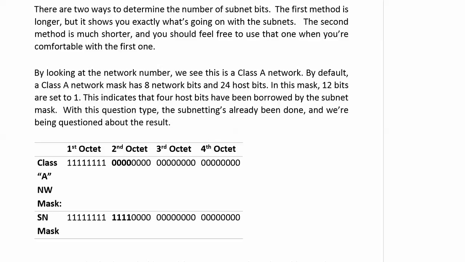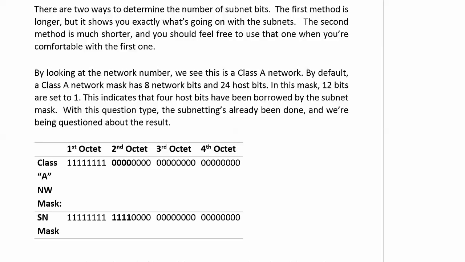So that means that someone's already come in and done the subnetting, and we notice by looking at that mask that we have 12 bits set to 1. Well, 8 of them were set to 1 before subnetting, because that's what the Class A network mask is. The first octet is all 1s, and the second, third, and fourth octets are all 0s. So that means that someone came in, did some subnetting, and borrowed 4 host bits. That's how we got the subnet mask.